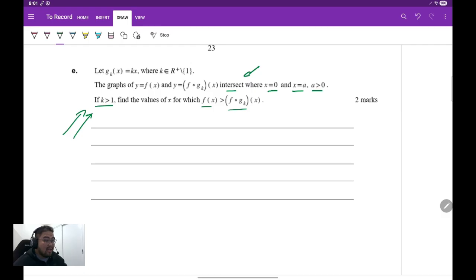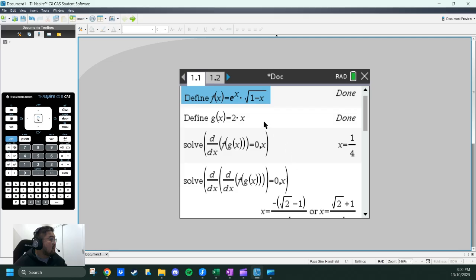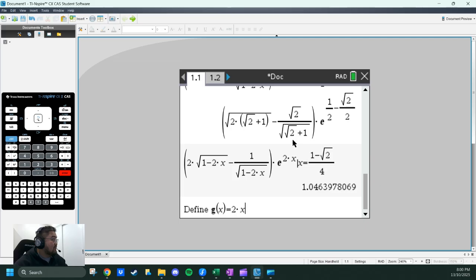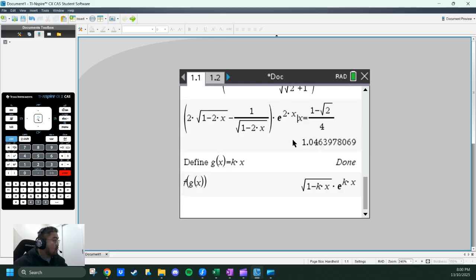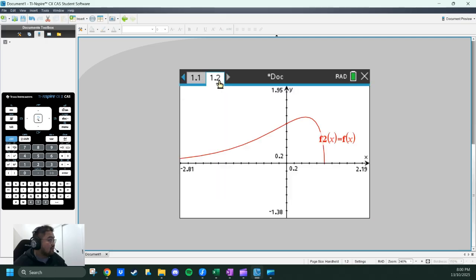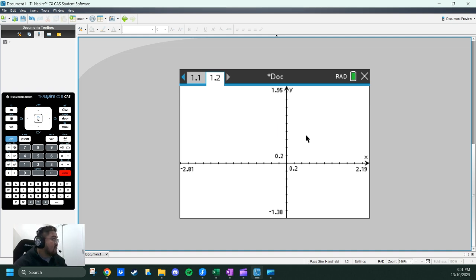Going back to our CAS, I'm going to redefine our g now as, instead of 2x, I'm going to call this kx. This changes our fog equation, and this will change our overall graph. Going back to this, you'll see it's disappeared. We've got f of x still there, but f of g of x has disappeared because now it's recognized a k.